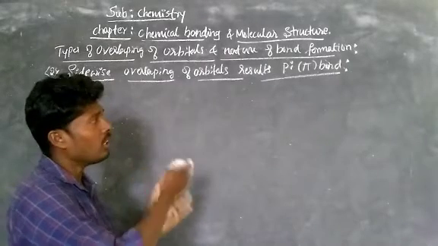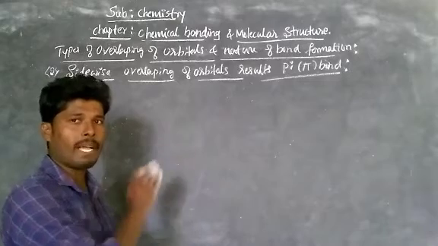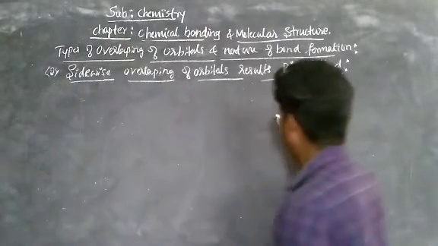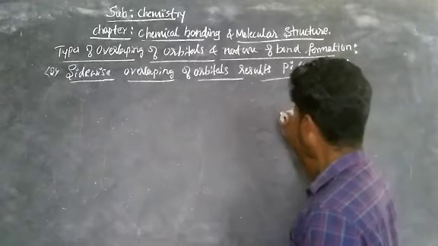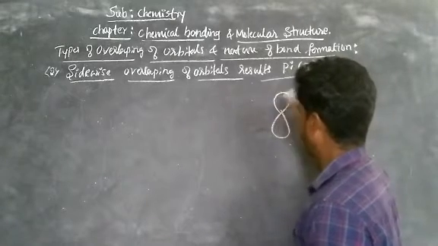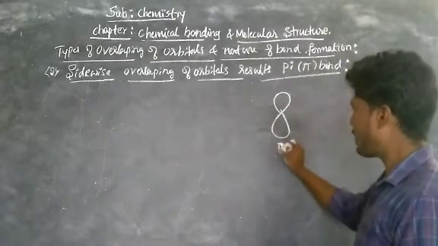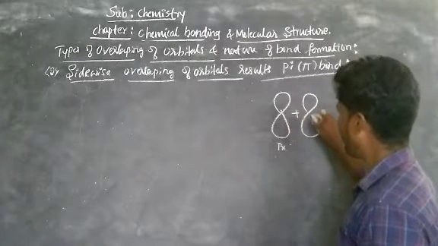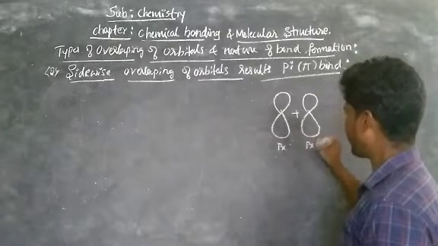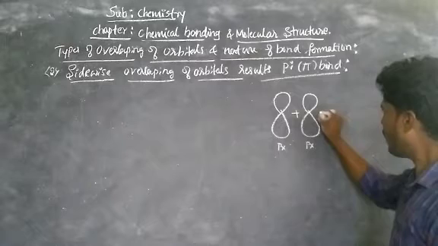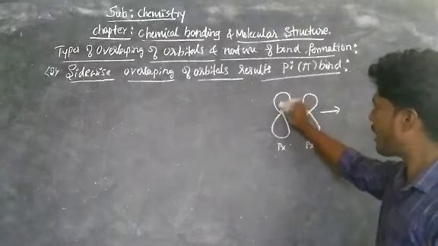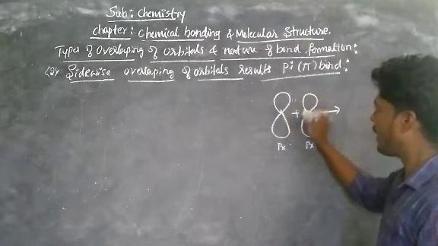Now we learn how p orbitals overlap sidewise. So listen here. Let's take the p orbital, which is present on the x-axis, plus one more p orbital which is also present on the x-axis. These are the two p orbitals present on the x-axis. Now these two start to overlap sideways, side by side.